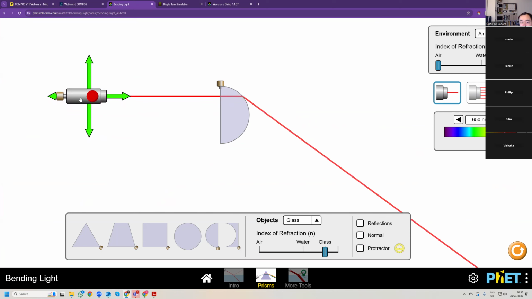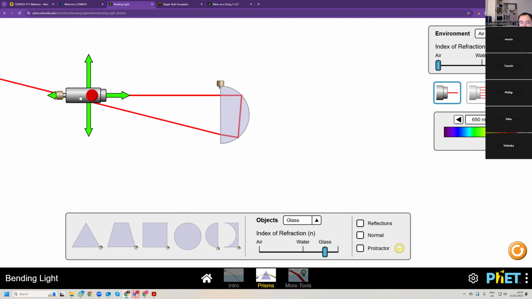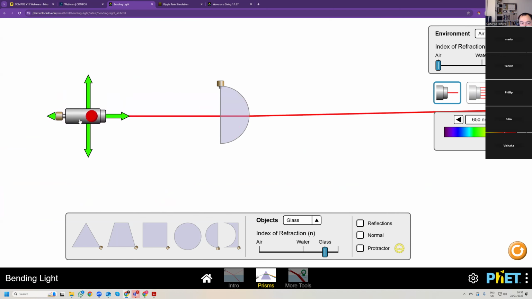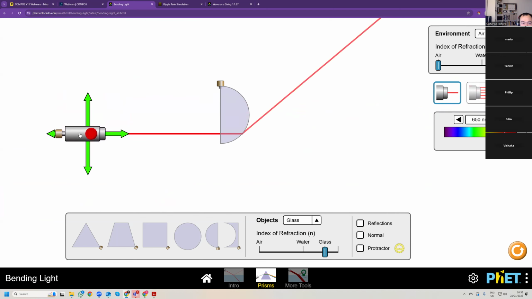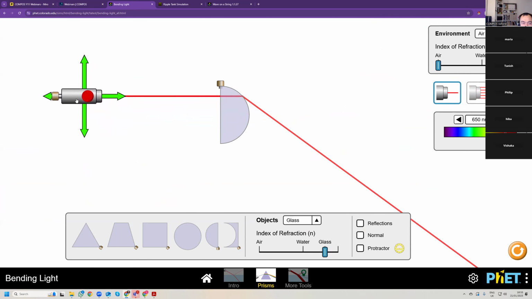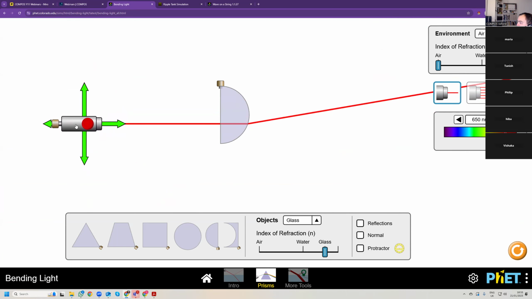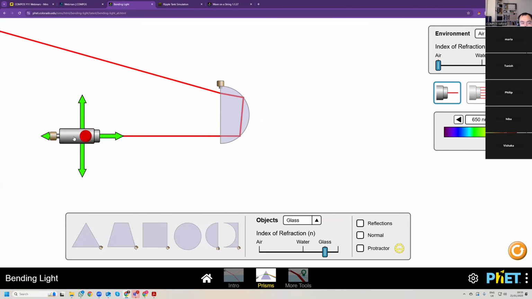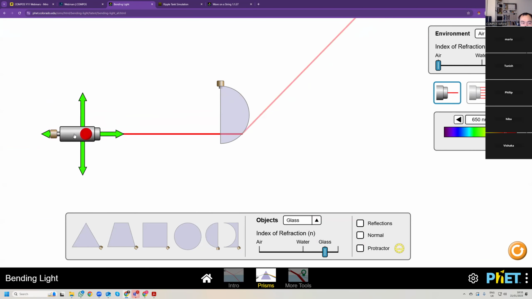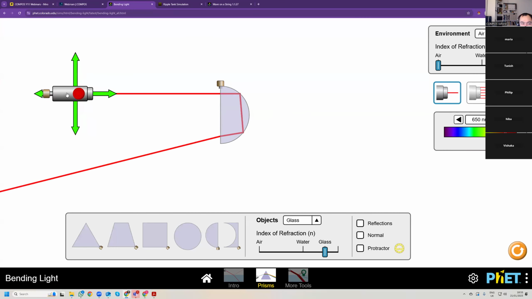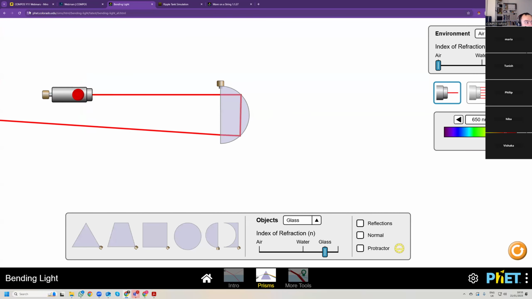No light goes through. So the size of the bright spot is determined by the refractive index. Okay. So first of all, we need to work out the maximum angle.